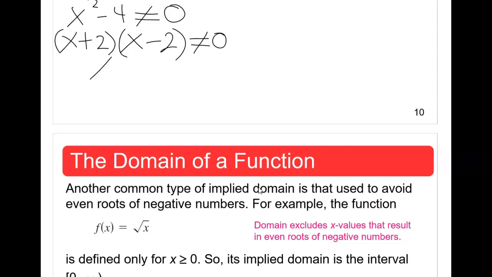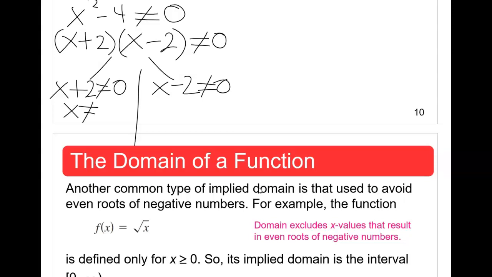We could create two linear inequalities from here and then solve for x, so x cannot equal -2, and x cannot equal +2. Those will be the two exclusions from the domain.